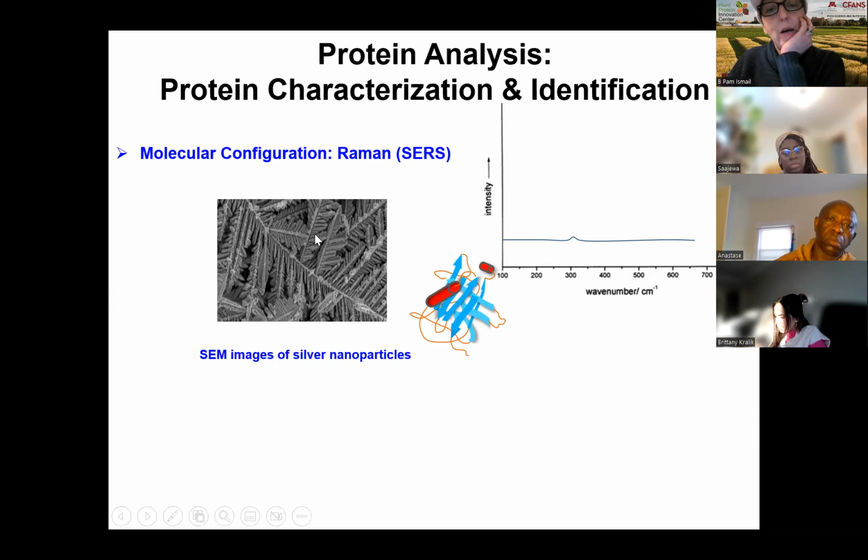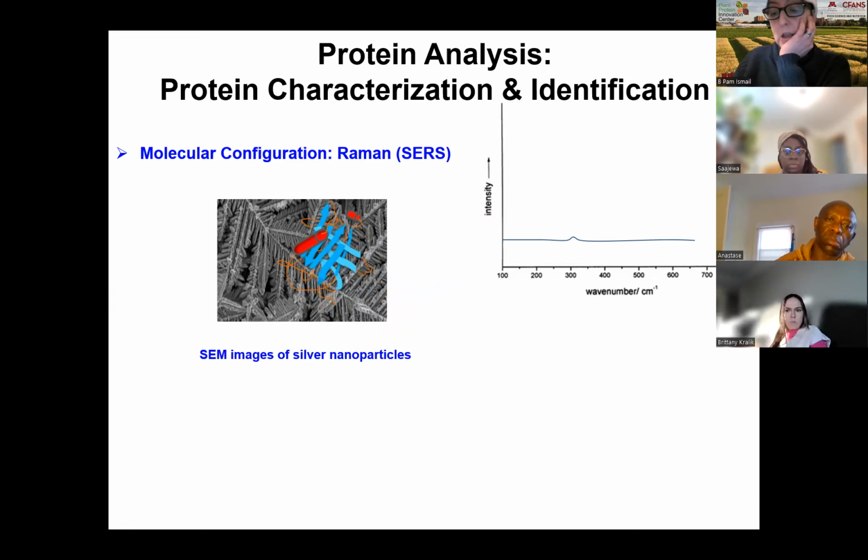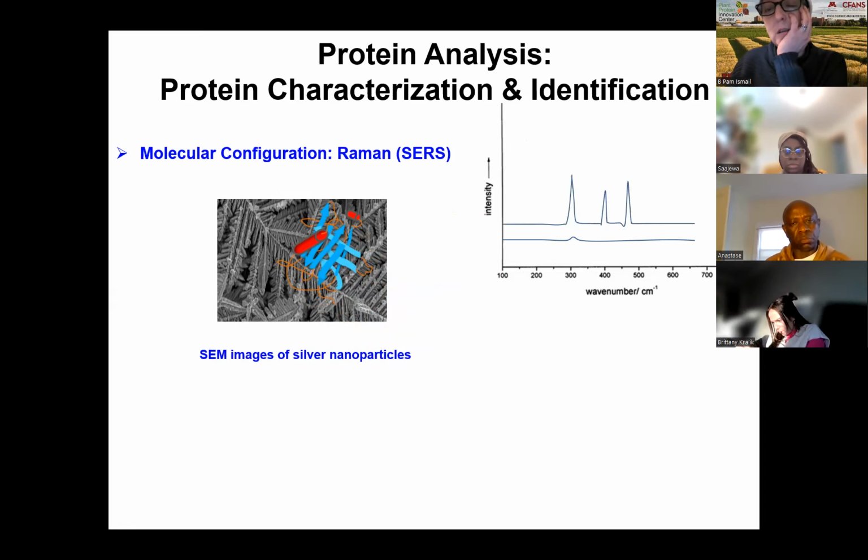So you have nanoparticles made of silver, and the protein gets fixed on the nanoparticles. When that happens, you have an enhanced Raman signal. With an enhanced signal, you get higher sensitivity and more structural information. And you can do this in liquid.